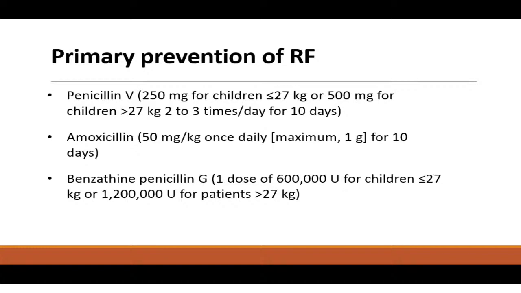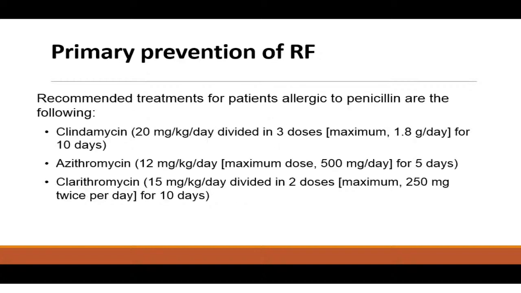The duration more often is 10 days for classic penicillin and amoxicillin, and for benzathine penicillin, it's one dose, and you see its dosages depending on the weight of the patient, which correlates with the age of the patient. In a patient who has an allergic reaction to the penicillin group, we may use other antibiotics for primary prevention of rheumatic fever.